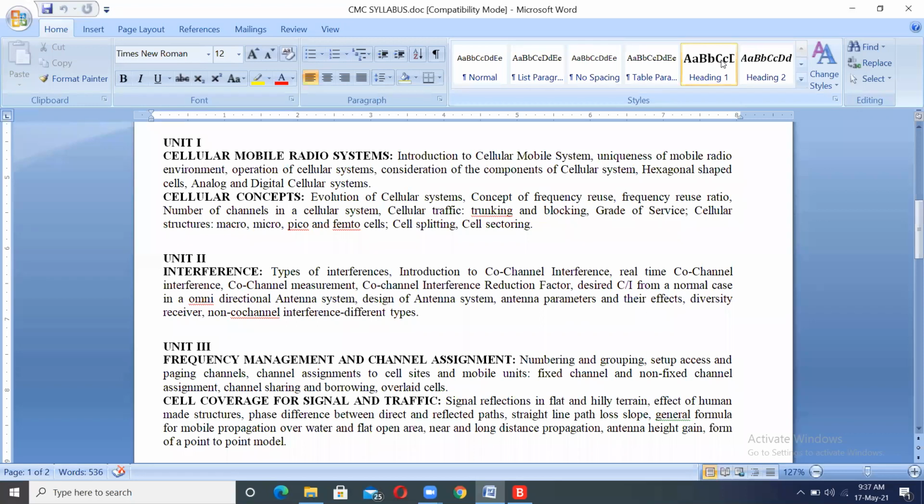Coming to the next one, the second unit, that is about interference. Interference is nothing but adding, modifying, and altering the original signal, the regular communication signal, right? We also call it an unwanted signal.